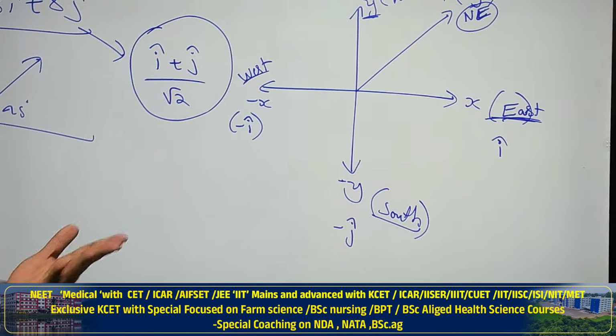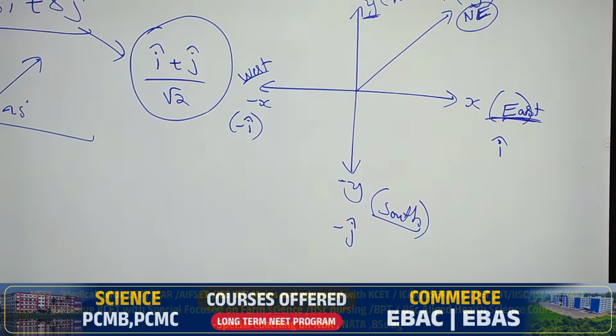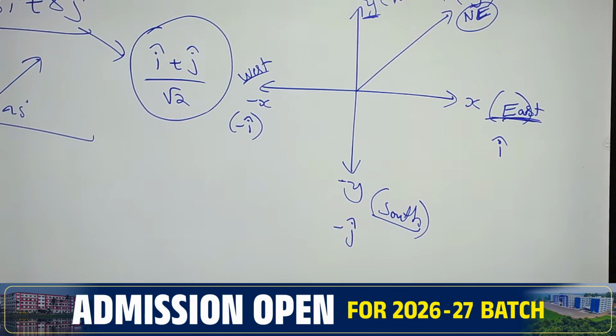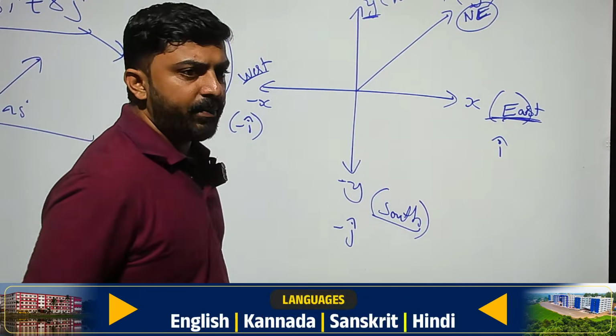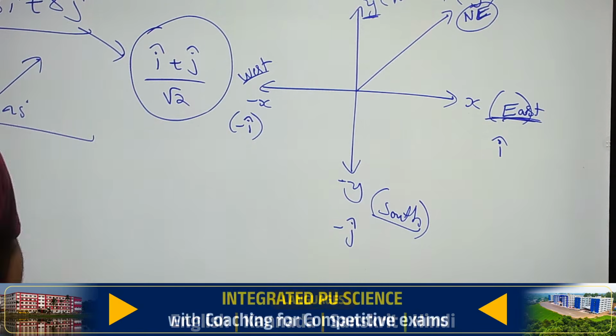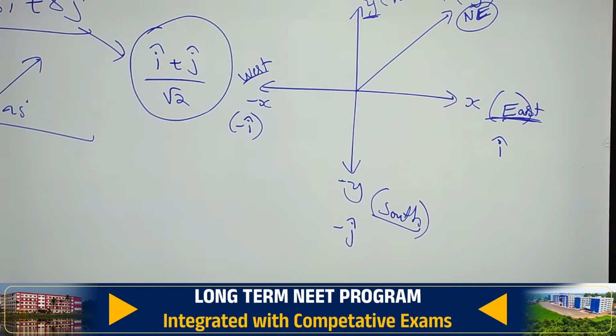North is represented by j cap, east is represented by i cap. How to represent northeast? What will be the direction of northeast?